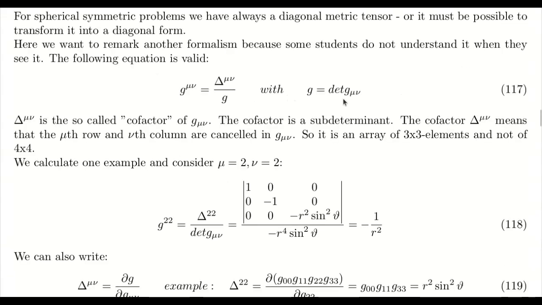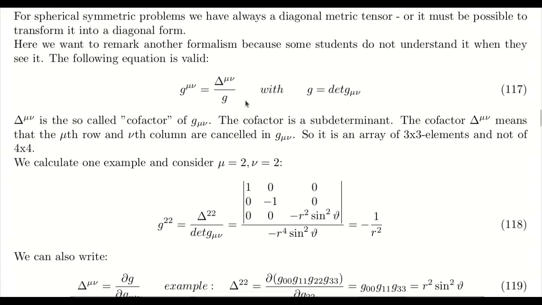Okay. And now, we want to look at some formulas which the students can find in some textbooks. And they see the formulas and they don't understand them. So we will especially look here at the so-called cofactor.